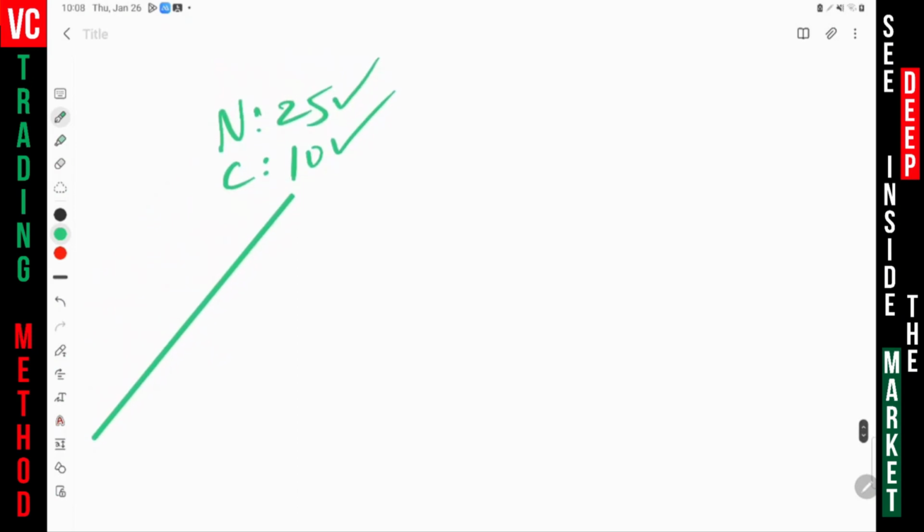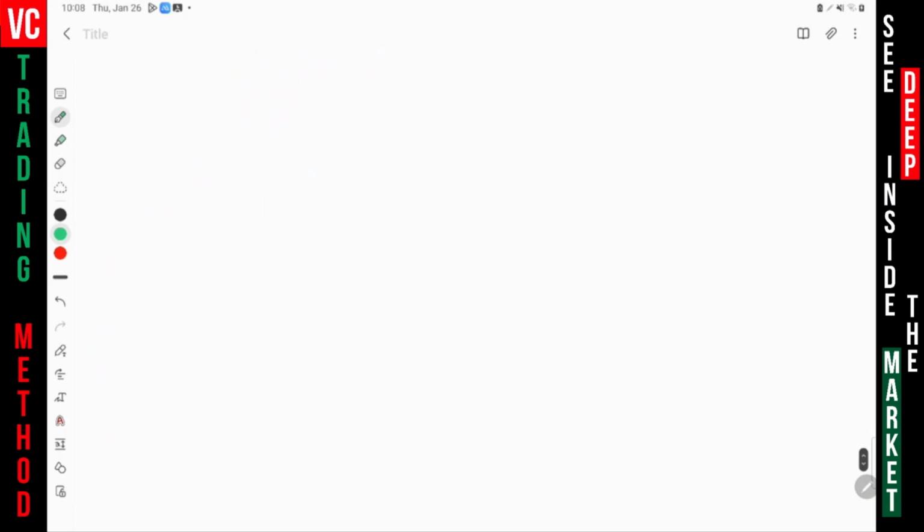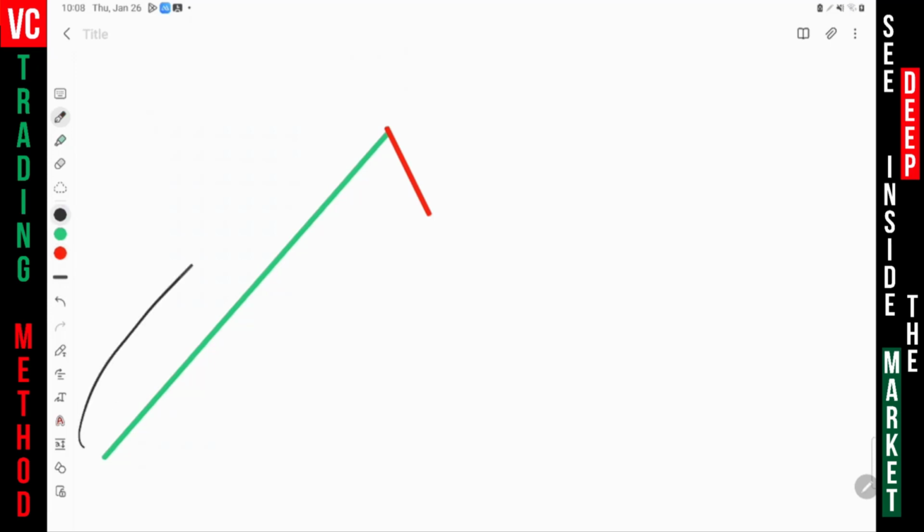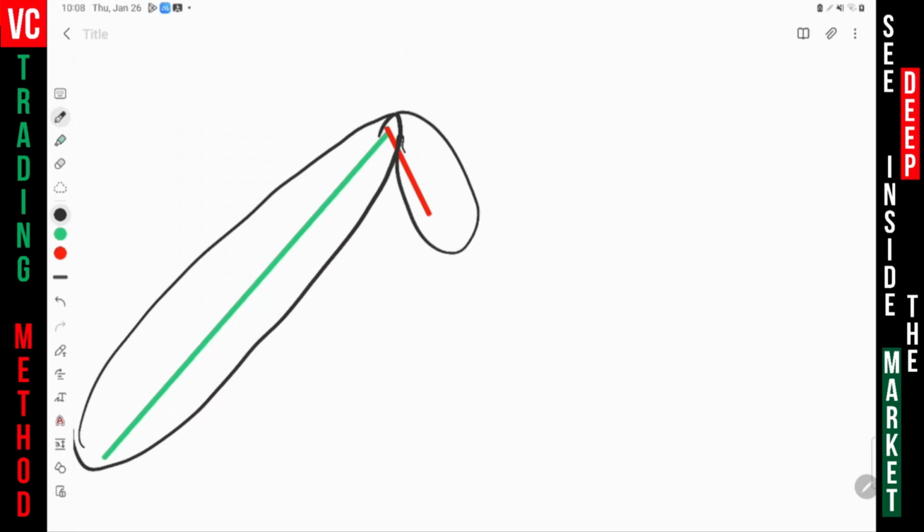It is very simple. If this is a wave, and there is another wave, you see here, this is a very big wave and this is a very small wave.